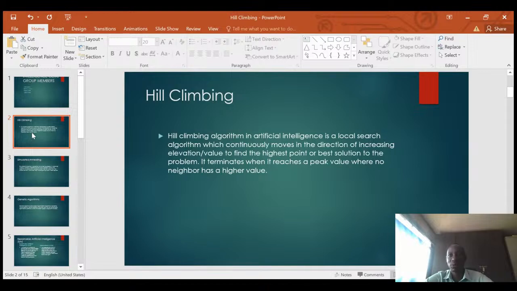One of the widely discussed examples of the hill climbing algorithm is, let's say, a traveling salesman who moves from one point to another, needing to optimize the distance whereby he's going to sell his particular product. That is the brief about hill climbing.